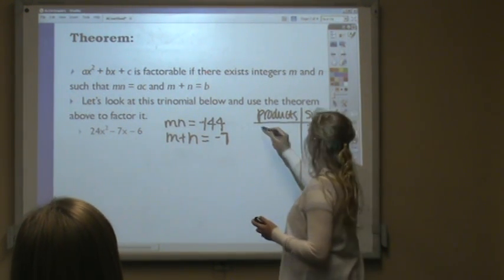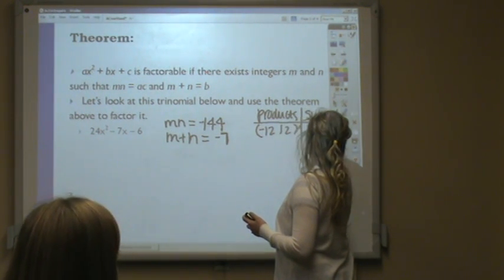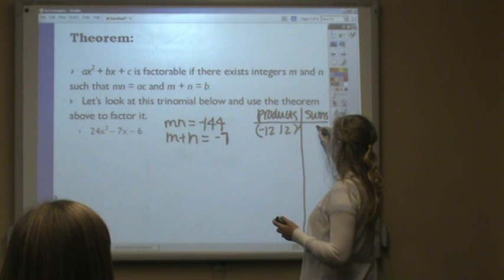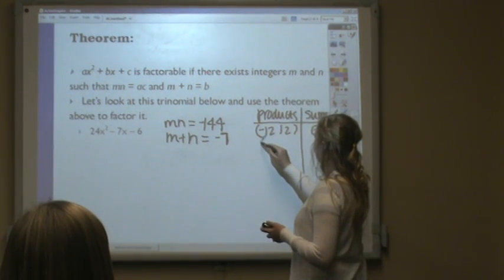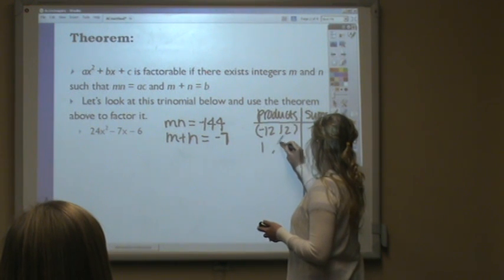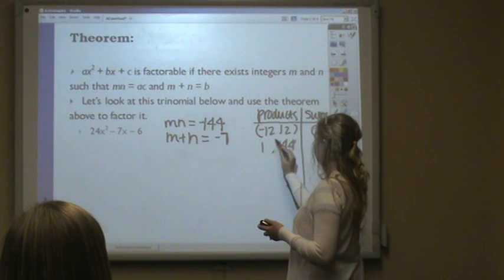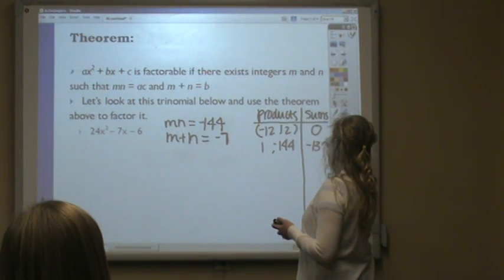12 and negative 12. And what is the sum of negative 12 and 12? 0. And let's see, then there's 1 and negative 144.